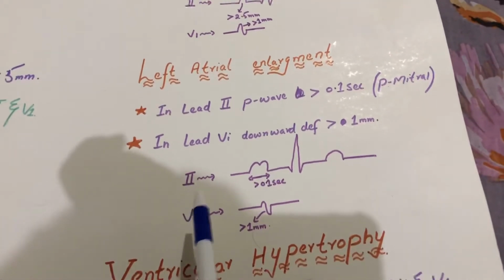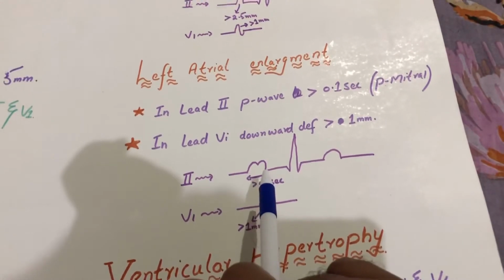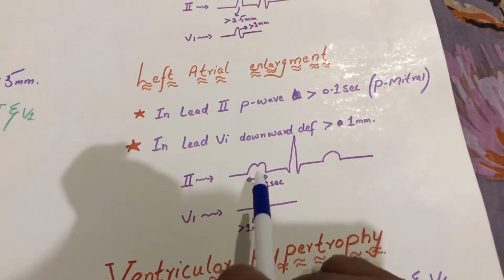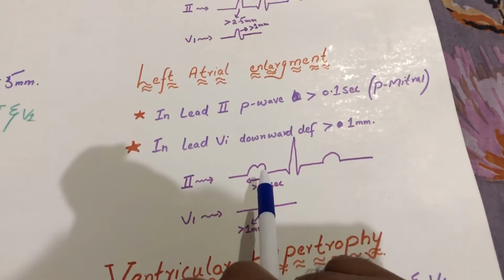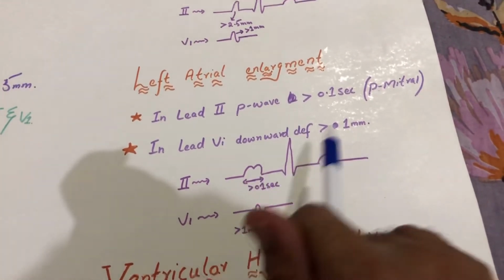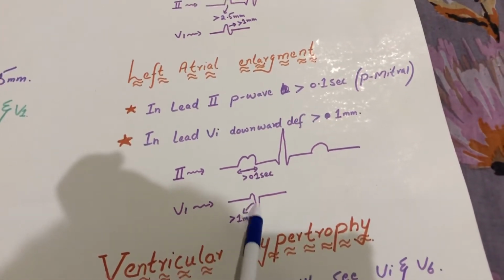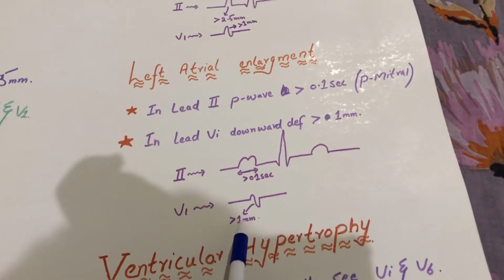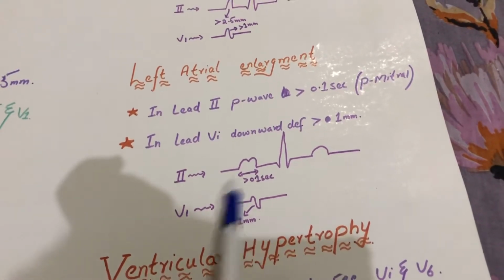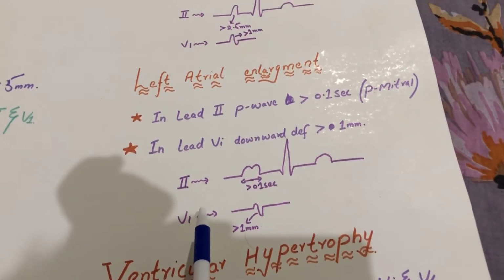So in lead 2, if the P wave is greater than 2.5 small boxes horizontally and it is an M pattern, we call it left atrial hypertrophy, and this M pattern waveform is known as P mitral. And in lead V1, the downward deflection will be greater than 1 millimeter, and we call it altogether left atrial enlargement.